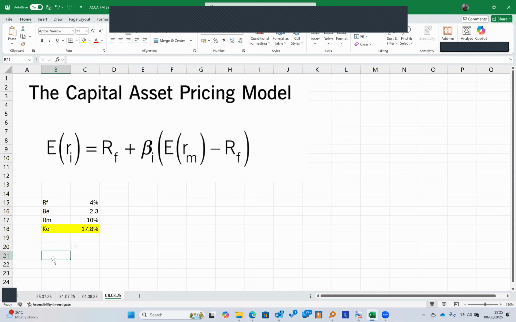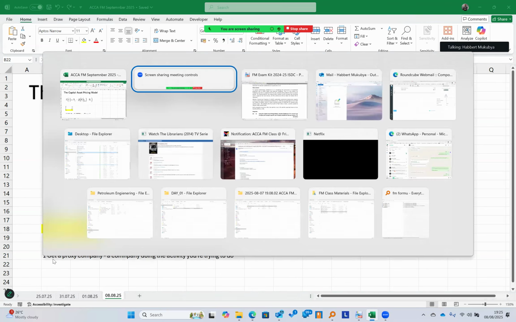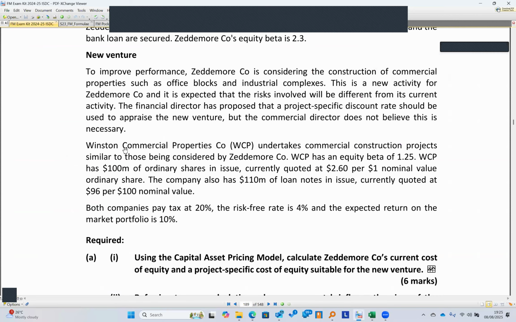And how do you get it? So first of all, the steps are: get a proxy company. And here we mean a company doing the activity you are trying to do. Okay? That's why we have this company here given to us, Winston.